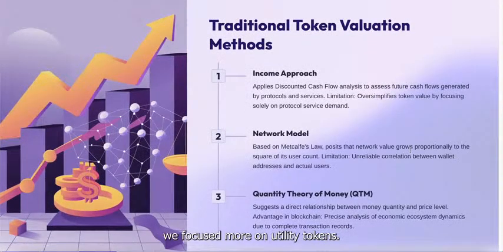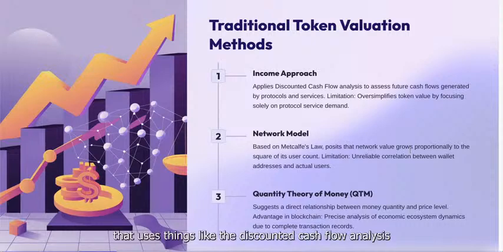There are a few different valuation methods, and this is where things get a bit heated, because there's no objective way to value different cryptocurrencies. One method we've borrowed from more traditional financial theory is the income approach, which uses things like discounted cash flow analysis to assess future cash flows.